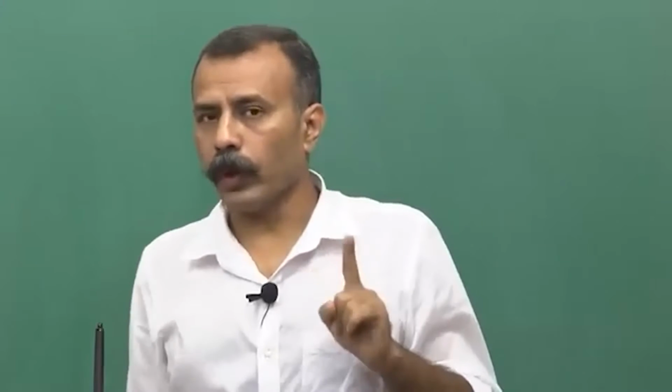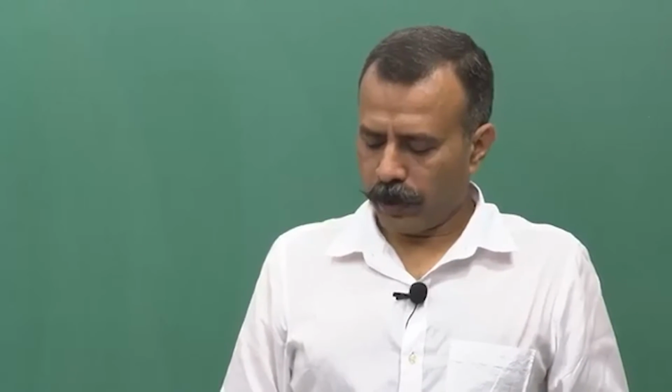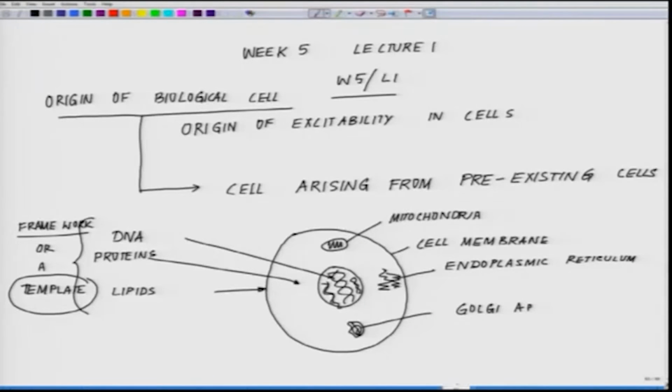But what we know is this: when we talk about a cell like this, assuming that this cell has evolved, and of course, if it is a plant cell, then you will have an additional membrane which will be the cell wall. I am not getting into those finer details at this stage.